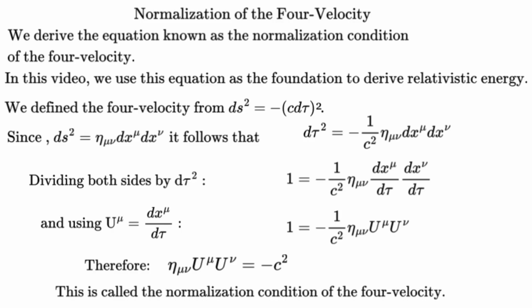Since ds² equals η_μν dx^μ dx^ν, it follows that, dividing both sides by dτ squared and using u^μ equals dx^μ over dτ. This is called the normalization condition of the four-velocity.